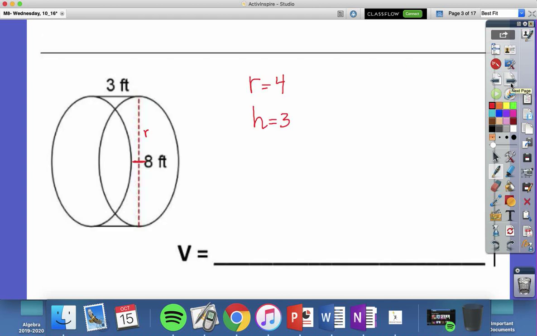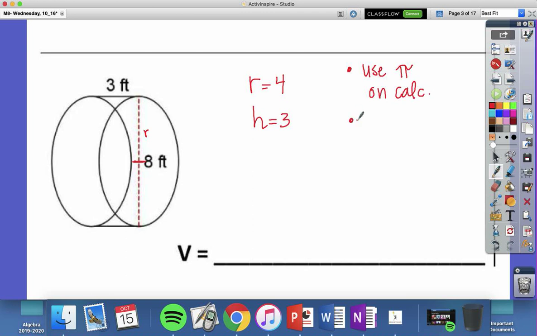With these types of problems, you're going to have to be very careful and follow the directions of how they want you to work it out, because there's really 3 different options. They might tell you to actually use the pi button on the calculator.